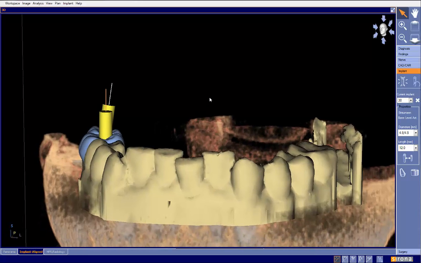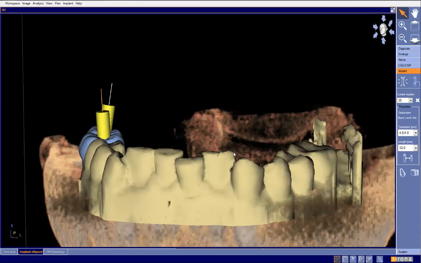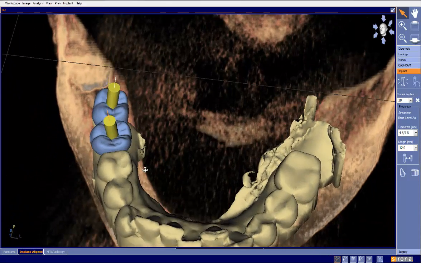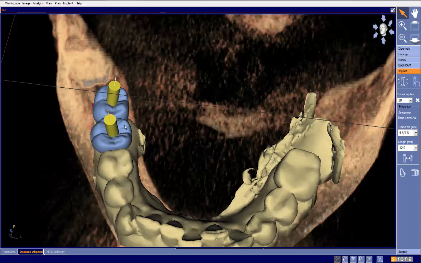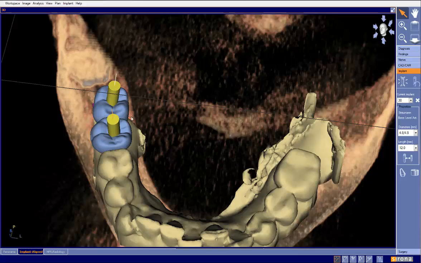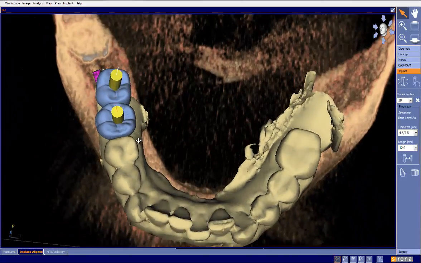So this is something that I would like us to be able to compare so that we can understand exactly how this is going to affect our overall plan and get a good idea of where we want things to be. And using that as a guideline, I might even say that this implant, number 31, is done extremely well. So let's compare my plan where we haven't changed 31.